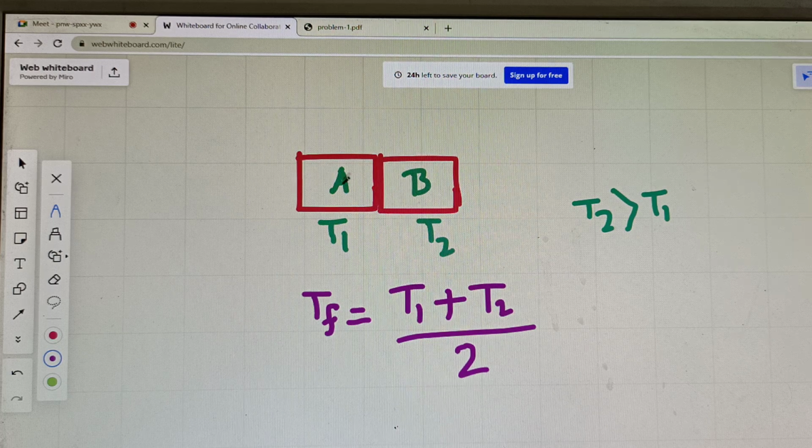That means the final temperatures of the two blocks will be the same, and that will be T1 plus T2 by 2.